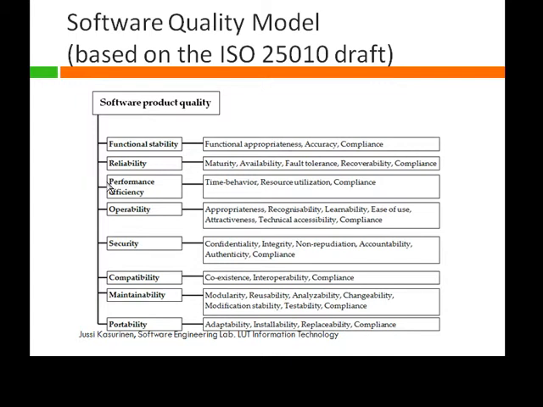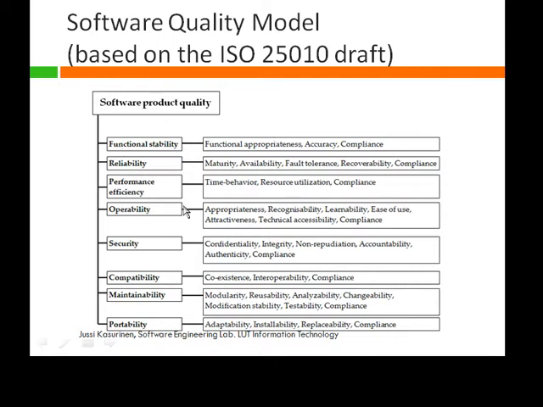From the more engineering viewpoint, there's quality models. For example, this ISO 25010 draft, where the software product quality is in fact a composition of 8 different characteristics, which all of them are defined in a group of smaller sub-characteristics, which are more or less measurable or at least estimatable from the software product.